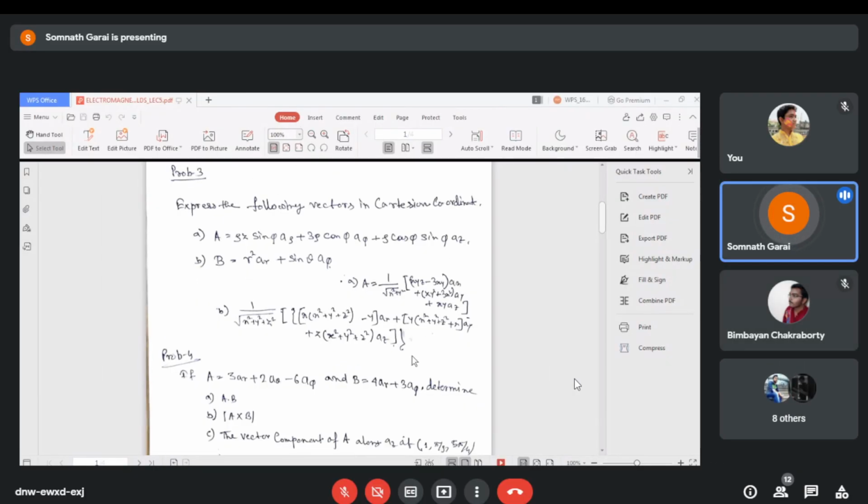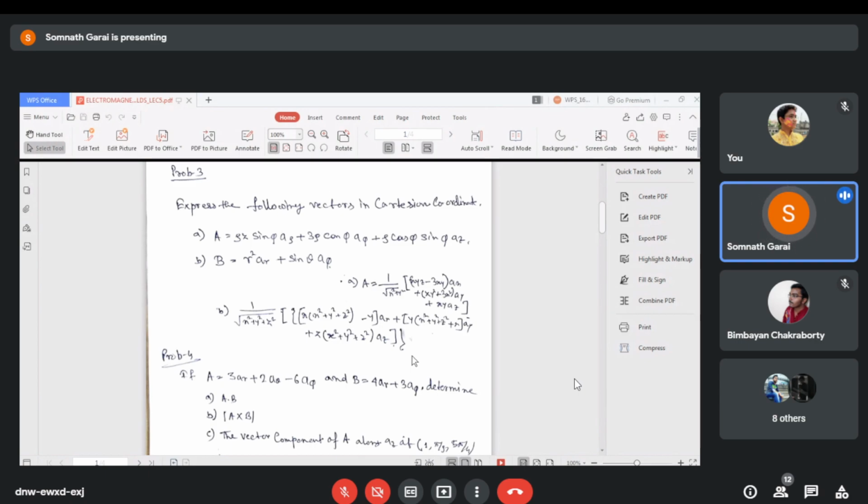Now, if we do the matrix multiplication, then the component AX, the magnitude component in the X direction, is A rho cos phi plus A phi sin phi plus 0.